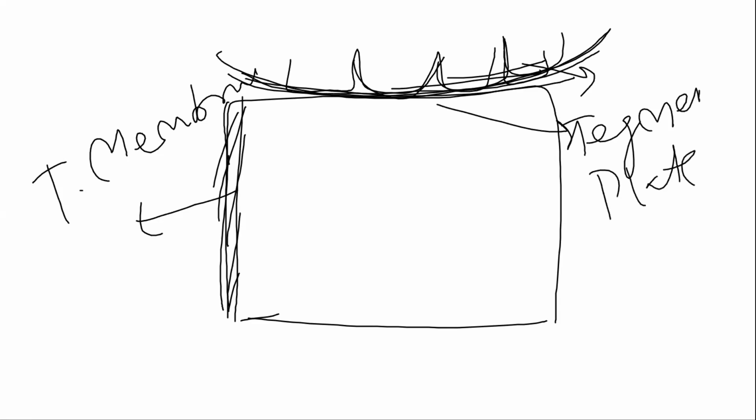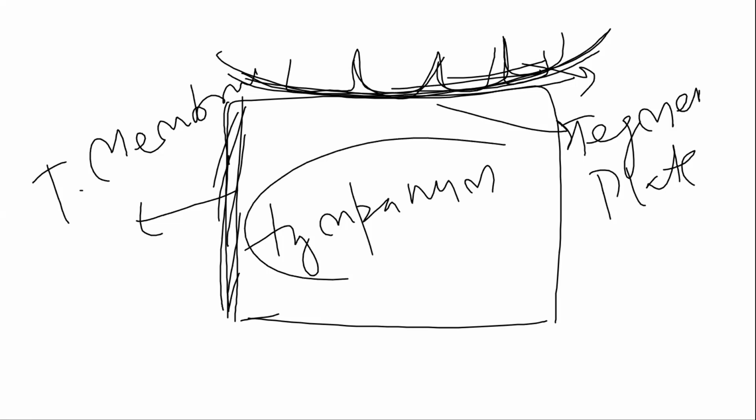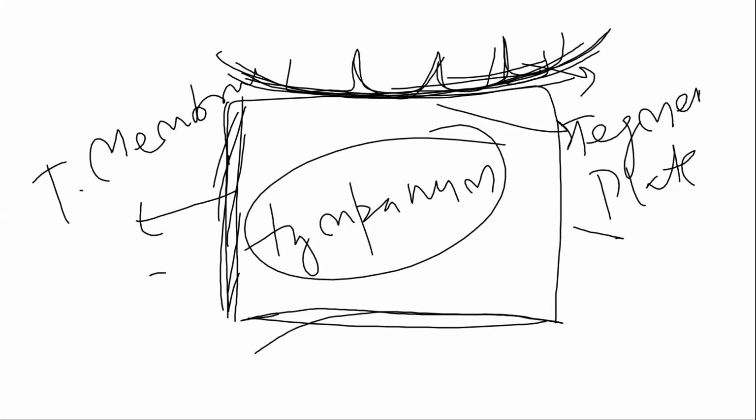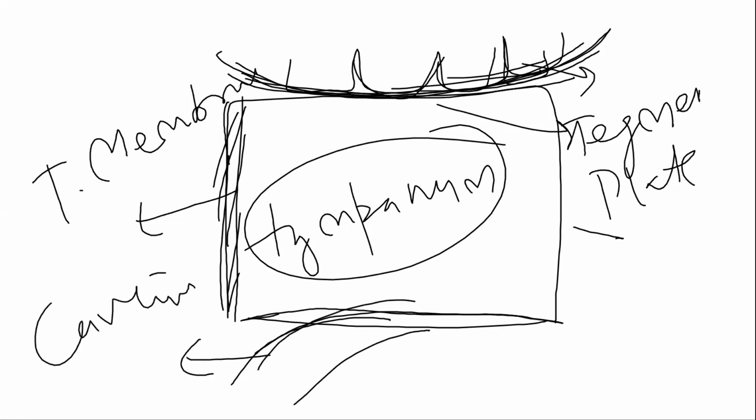The other word used for the middle ear is tympanum. So the middle ear is also called tympanum. Middle ear is essentially an air-filled cavity, and it lies between the external ear and the internal ear. The roof is formed by the middle cranial fossa, and inferiorly we have a continuation of the cavernous sinus called the jugular bulb.